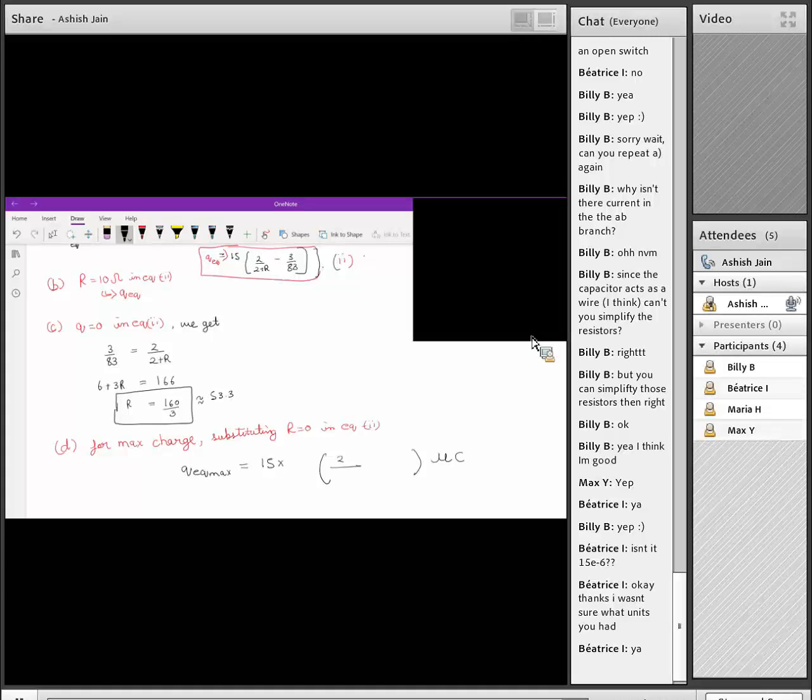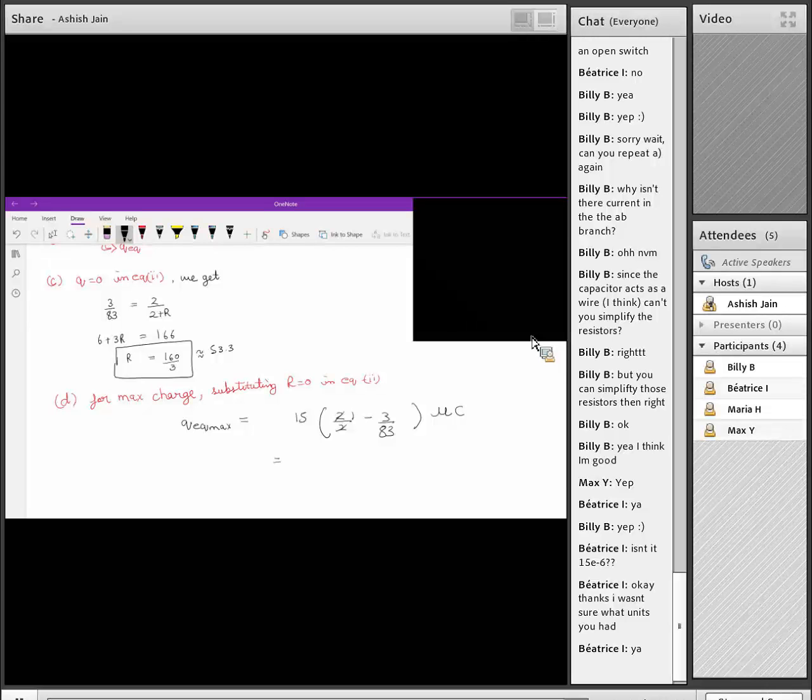It's easier, I don't have to carry 10 to the power minus 6 in my calculation. You guys agree? So 2 by 2 will be 1 minus 3 by 83, so 15 into 3 microcoulomb. This is microcoulomb because the capacitance is in microfarads, so I converted microfarads to microcoulomb.